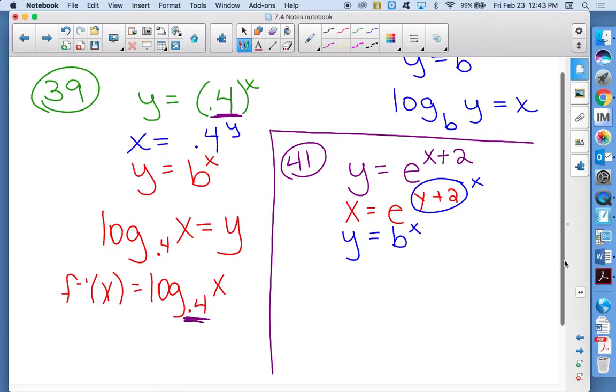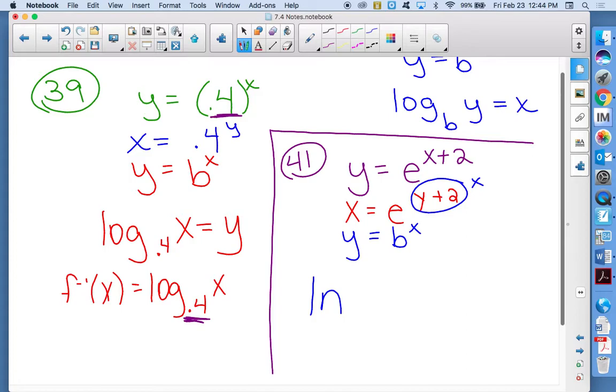How would you convert it into the other form if it has a base of e? What goes along with the base of e? It's called the natural log, or ln. So whenever you have an e in the problem and you're converting it, it needs to have the natural log in its conversion.